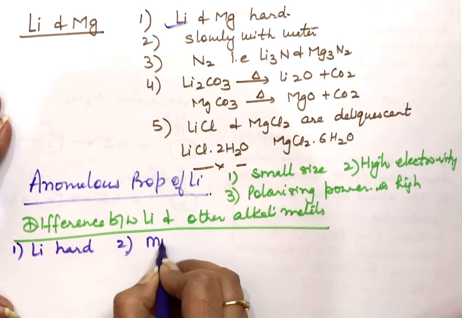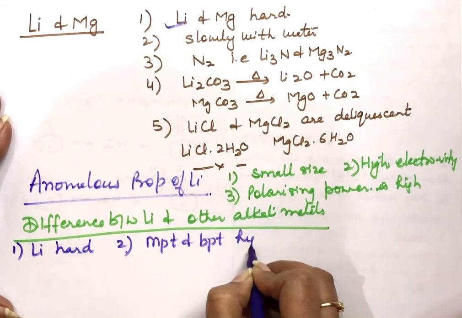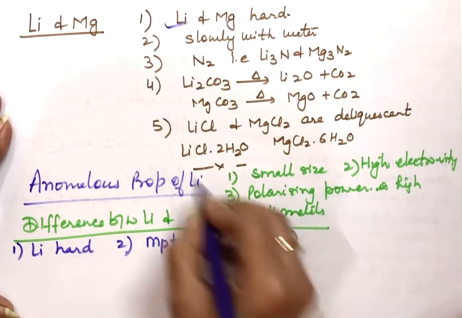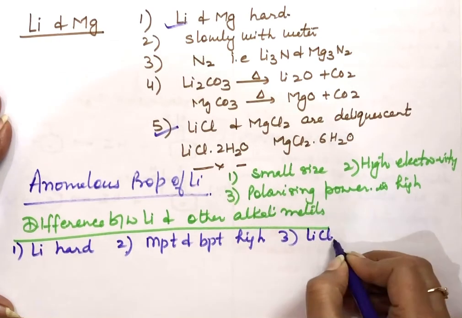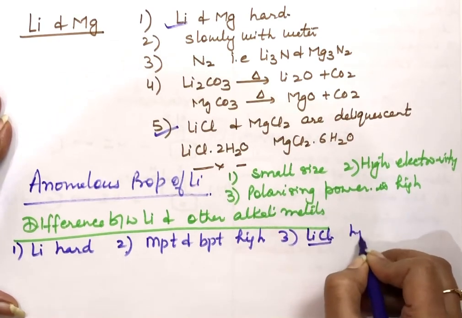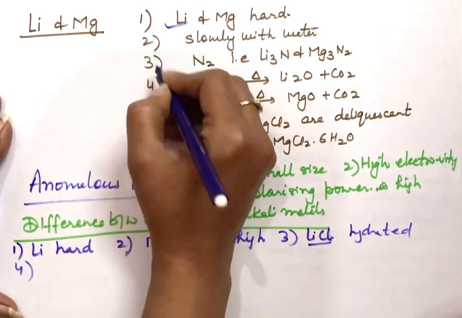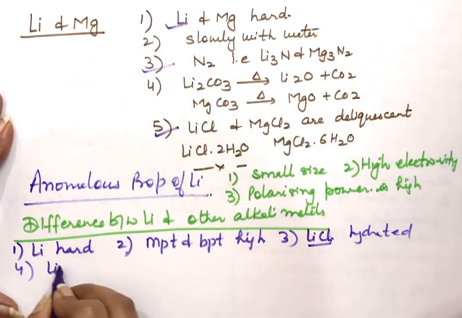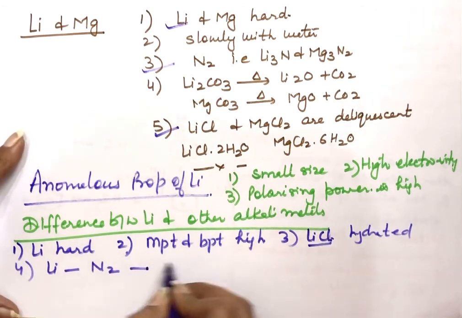Melting points and boiling points are high here because it's hard. Its compounds are in hydrated form. Then it reacts with nitrogen. Lithium is the only alkali metal that reacts with nitrogen to form lithium nitride.